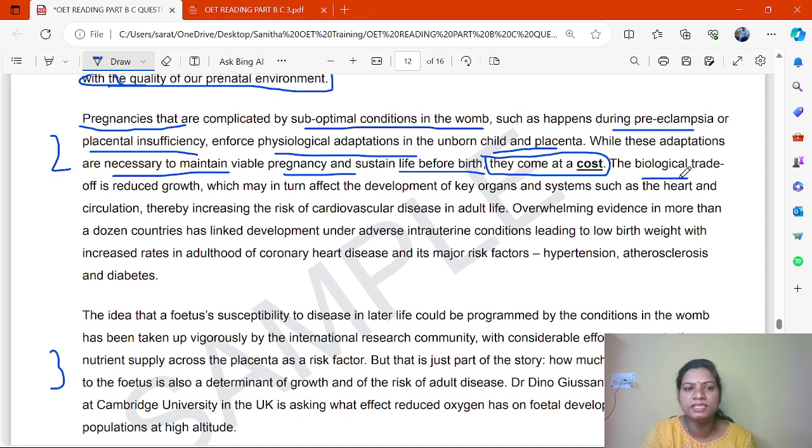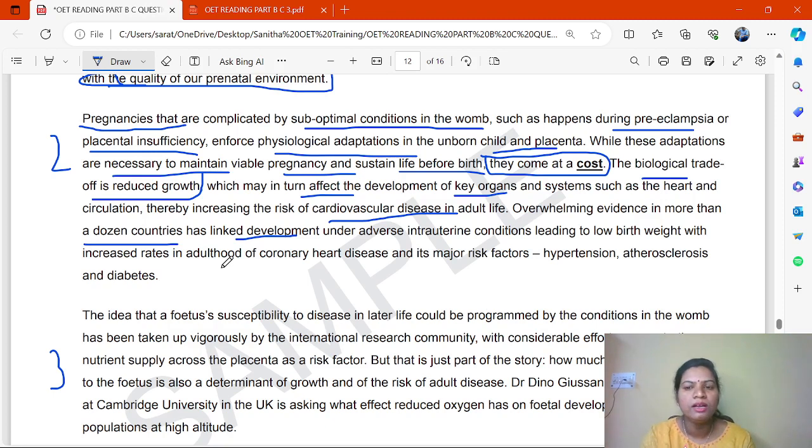The biological trade-off is reduced growth, which may in turn affect the development of key organs and systems such as heart and circulation, thereby increasing the risk of cardiovascular disease in adult life. Overwhelming evidence in more than a dozen countries has linked development under adverse intrauterine conditions leading to low birth weight with increased rates in adulthood of coronary heart disease and its major risk factors: hypertension, atherosclerosis, and diabetes.